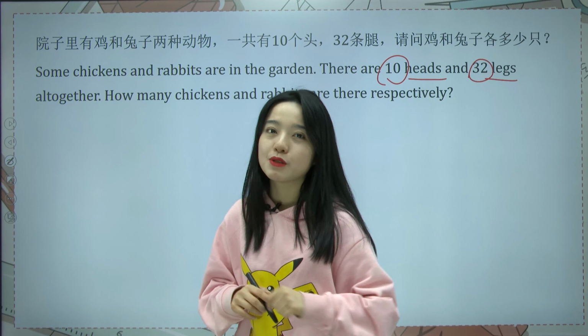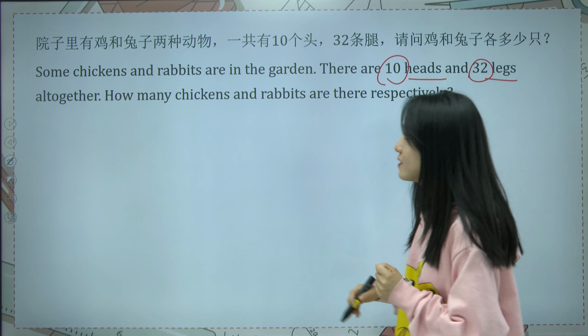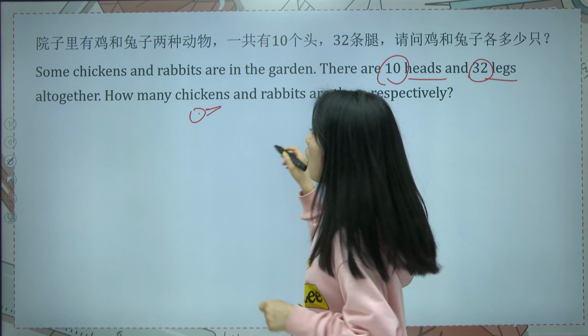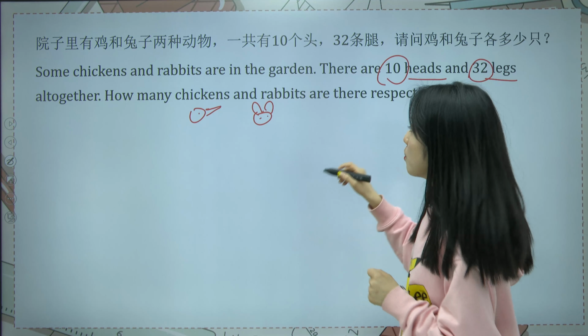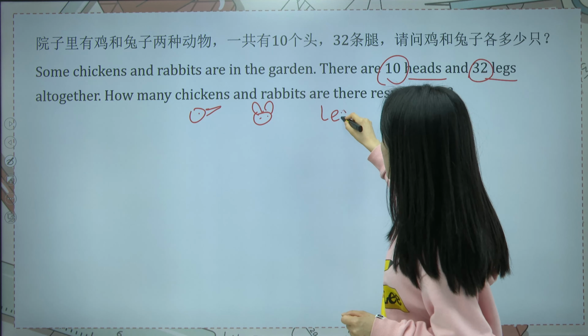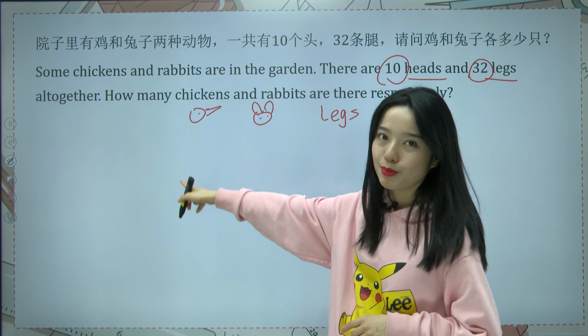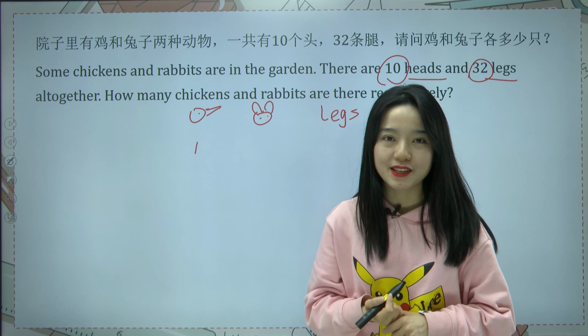The first method is by listing all possibilities in a table. We want to know how many chickens are here, or how many rabbits are here, and we want to check, can we have the correct number of legs? So let's suppose when there is only one chicken, how many rabbits are here?